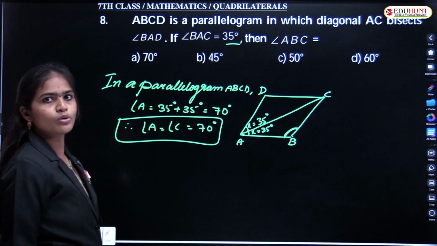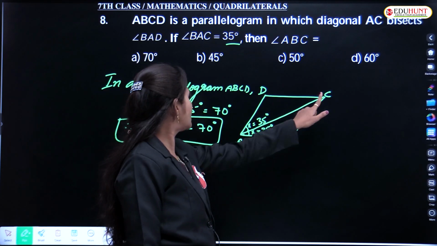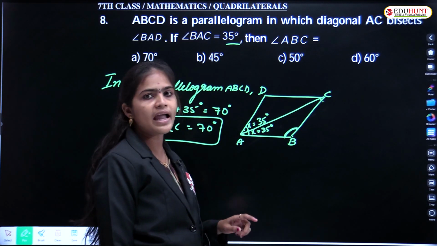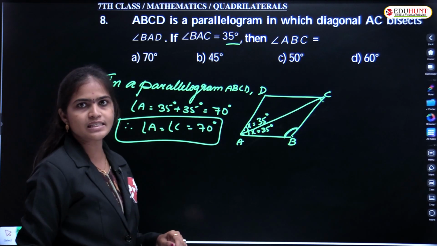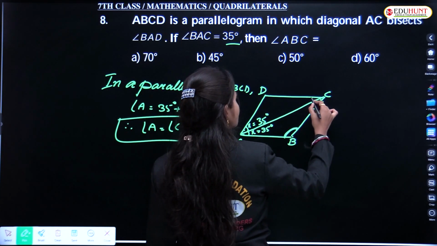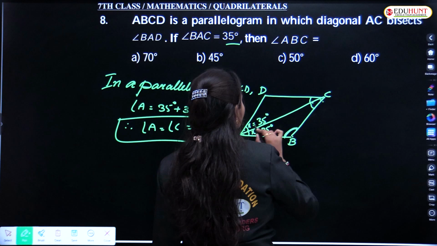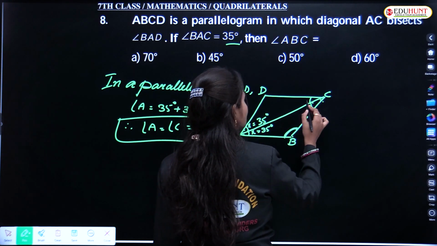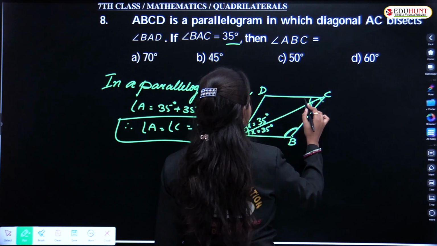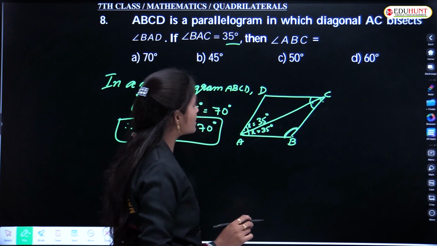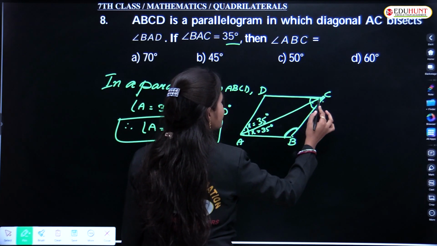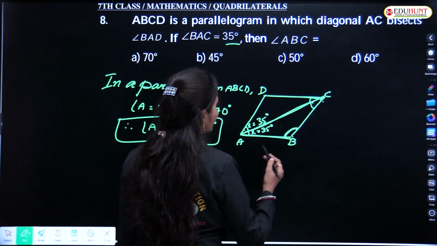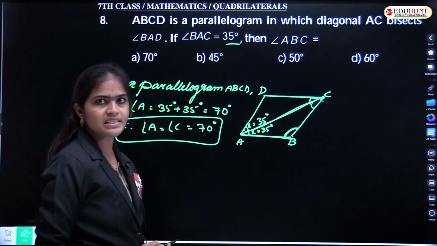Yes or no? Why? Because in a parallelogram opposite angles are equal. So angle A is equal to angle C, so angle C is 70 degrees only, no? Since AC bisects at A, this is 35 degrees and this is 35 degrees. Here we can observe another condition. If DC is parallel to AB, then AC is a transversal.